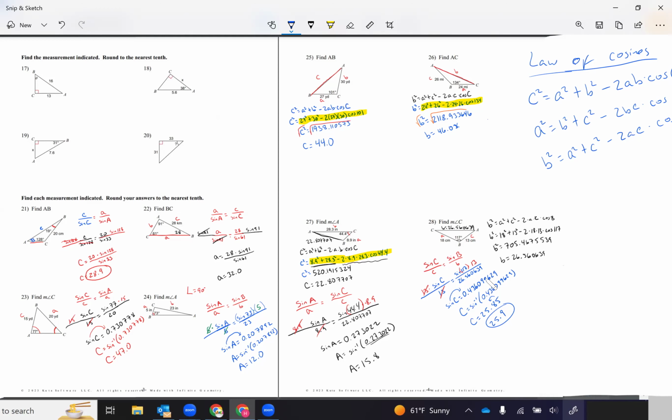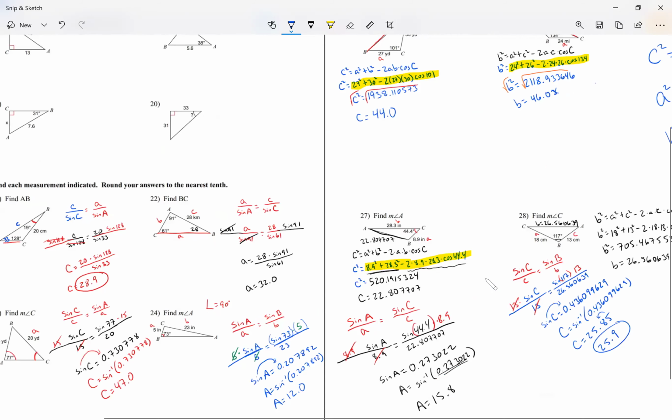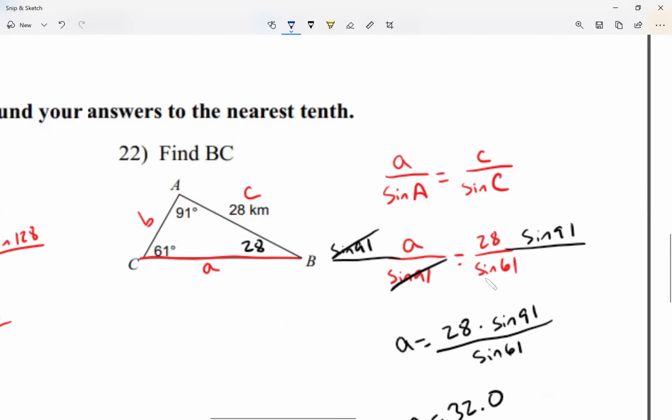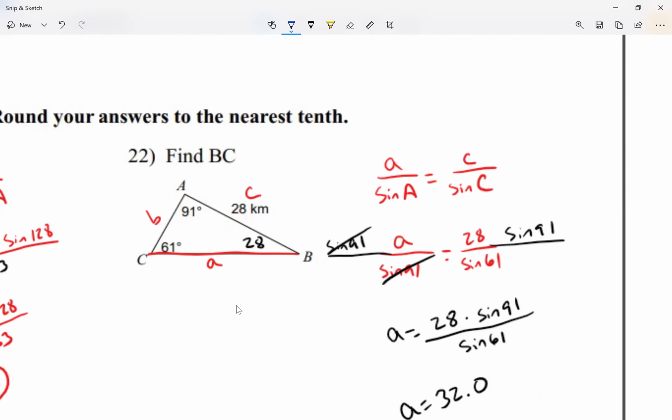Every time you have an angle and the opposite side, for example, question number 22, you see how I have an angle, 61, and the opposite side. So every time you have that, use the law of sines. Now, when you don't have that, then you have to use the law of cosines.